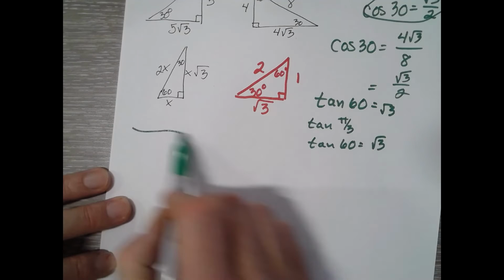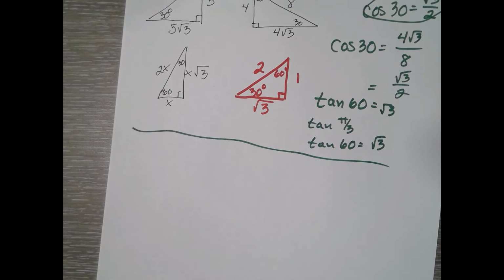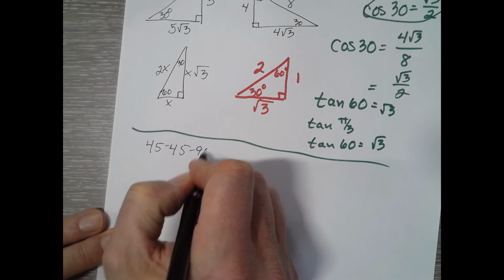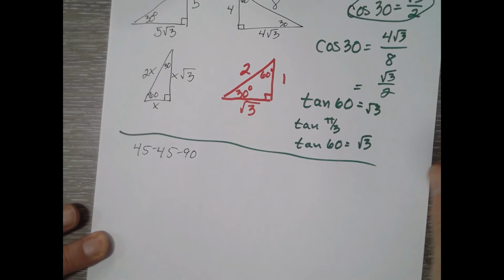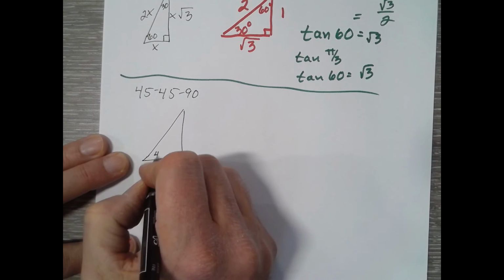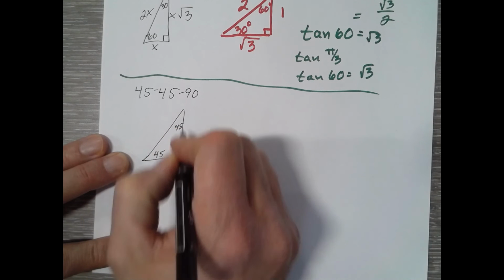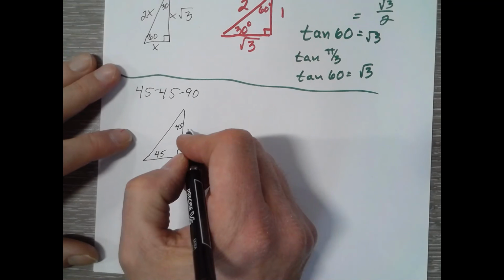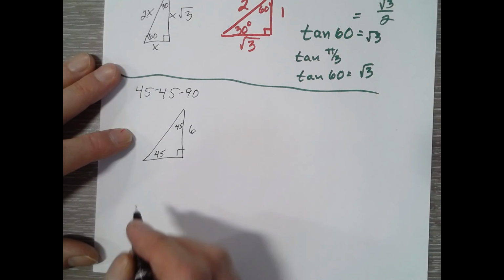All right, the other type of special right triangle is 45, 45, 90. You could actually argue this is a little bit easier. So we have a 45 and a 90 degree angle. If this is 6, this is 6.